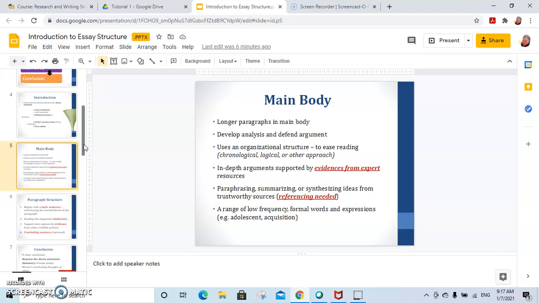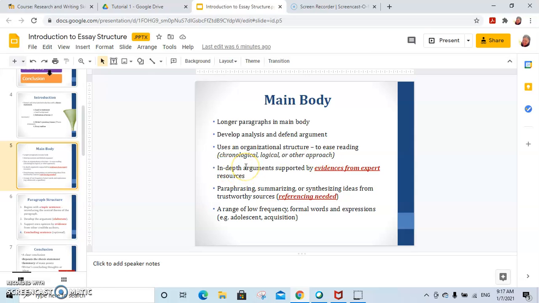Now, the body paragraphs should be longer, and they should develop analysis and describe arguments, or defend arguments, and it should be in chronological order. Okay, it has to be well organized in order to ease reading.